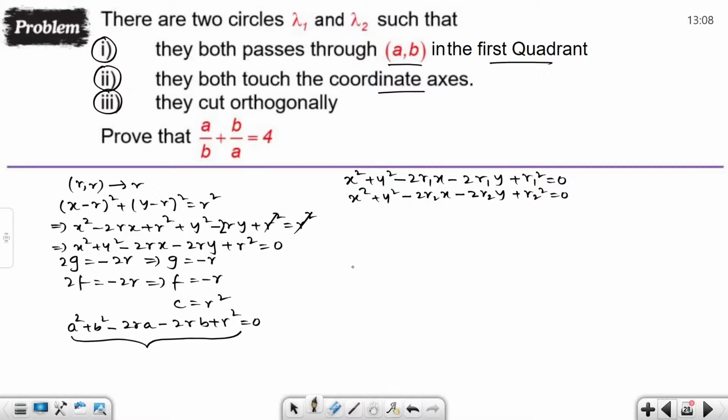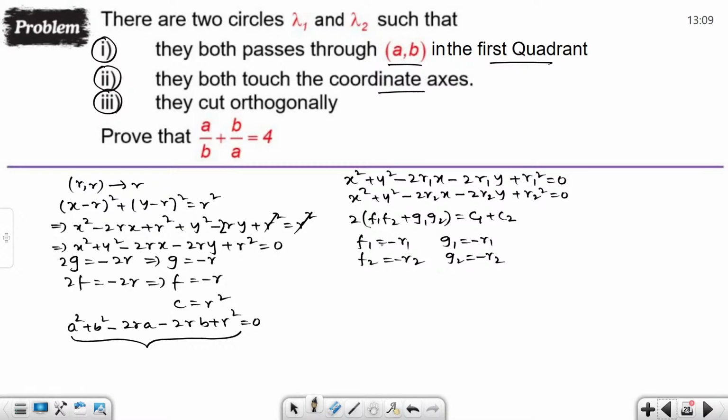Right? As they cut each other orthogonally, you will write 2 times (f1 f2 plus g1 g2) equals c1 plus c2. In this case, our f1 is minus r1, f2 is minus r2. Similarly, g1 is minus r1, g2 is minus r2.